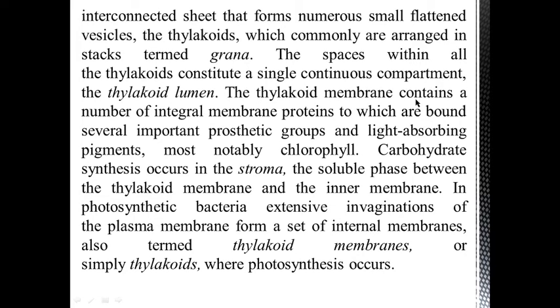The thylakoid membrane contains a number of integral membrane proteins to which are bound several important prosthetic groups and light absorbing pigments, most notably chlorophyll. Carbohydrate synthesis occurs in the stroma, the soluble phase between the thylakoid membrane and the inner membrane.